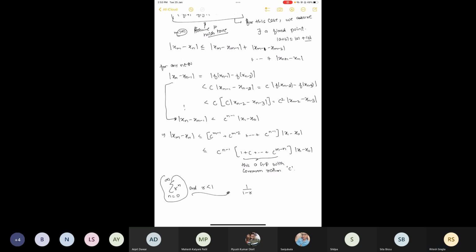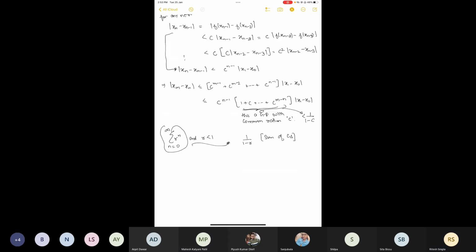Are you aware of it? Yes, sir, the geometric series. So this sum is less than or equal to 1 upon 1 minus c, which implies |x_m - x_n| is less than or equal to c^n over (1 minus c) times |x_1 - x_0|, with strict inequality, right?